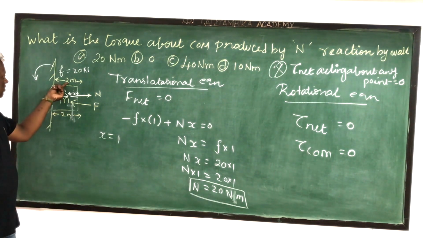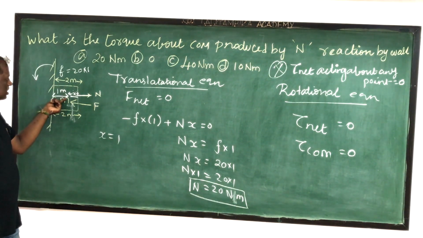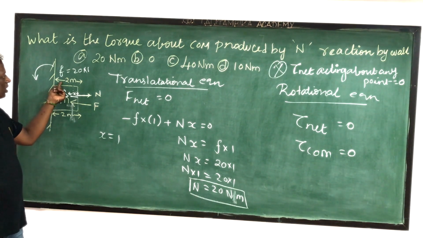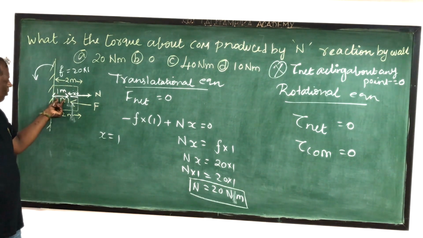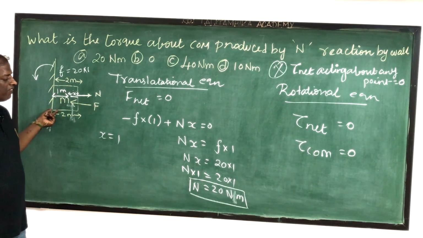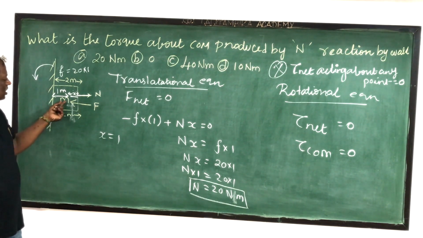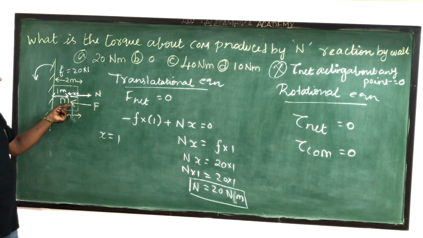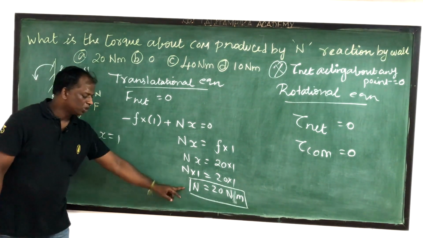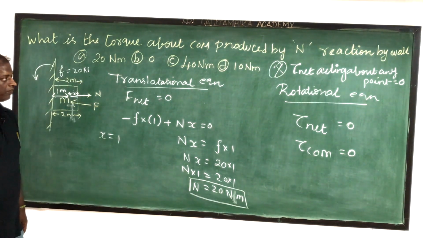So here, we have a force acting at a distance of 1 meter, because the total is given as 2 meter, so this is 1 meter. Next we have a normal reaction force, which is N into x. So N is equal to 20 newton meter.